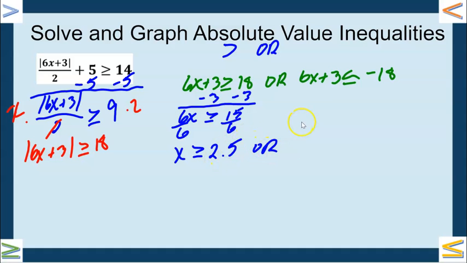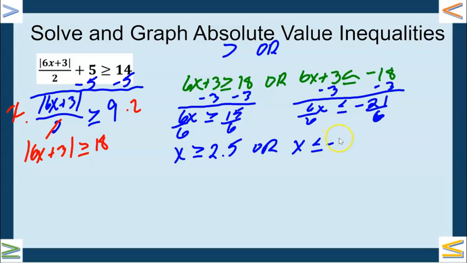Or on this side, subtract 3. And that gives us 6x is less than or equal to negative 21. Divide everything by 6. And I'm left with x is less than or equal to negative 21 divided by 6, which would be the same thing as saying negative 7 halves or negative 3.5.